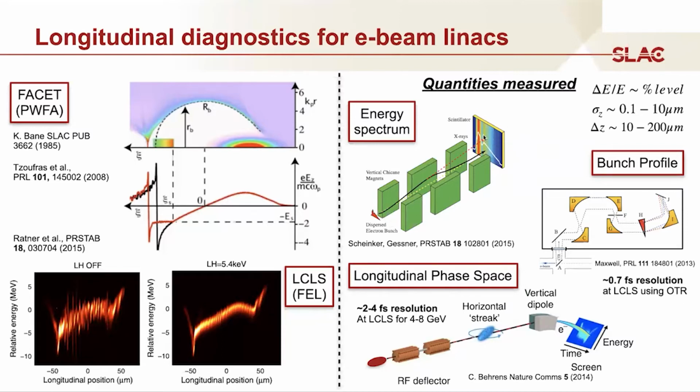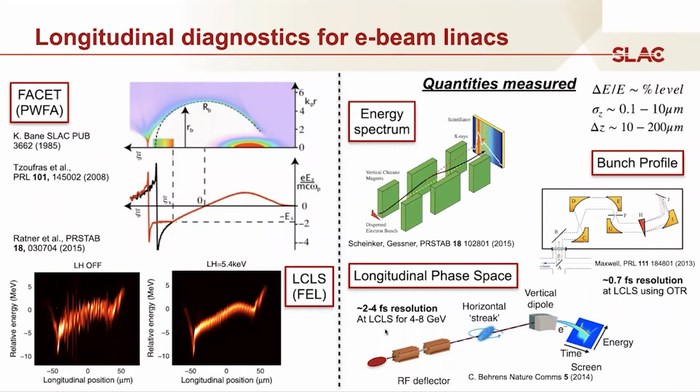Those X-rays then map the dispersed electron distribution, which gives you the energy projection. On the other hand, the bunch profile, the longitudinal projection of the 2D phase space, could be measured, for example, using CTR spectroscopy. A paper by Tim Maxwell a couple of years ago achieved less than femtosecond resolution at LCLS. And really what we want is these two measurements at the same time.